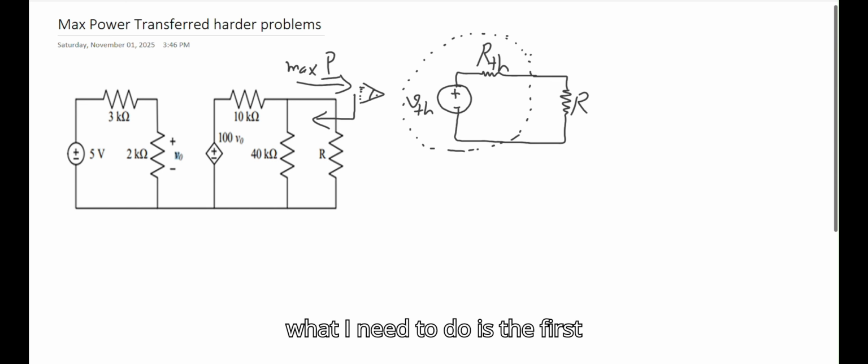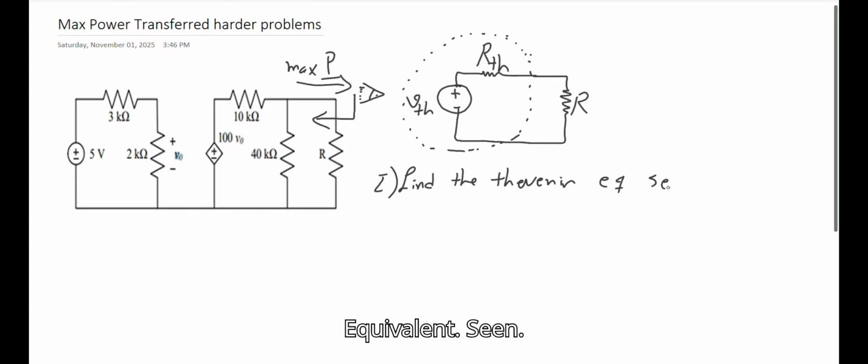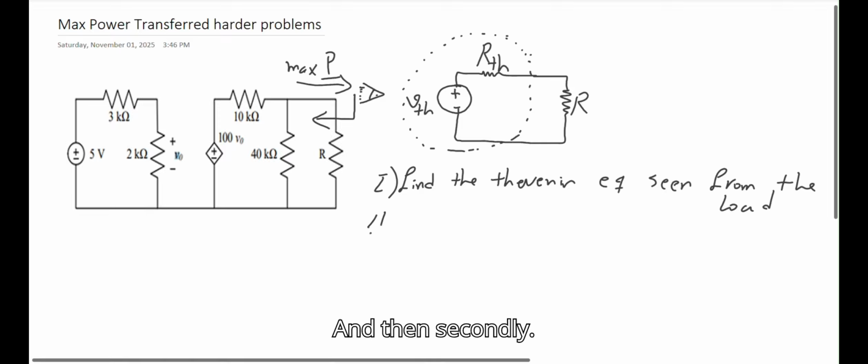What I need to do, the first step, is to find the Thevenin equivalent seen from the load, and then secondly find the max power.